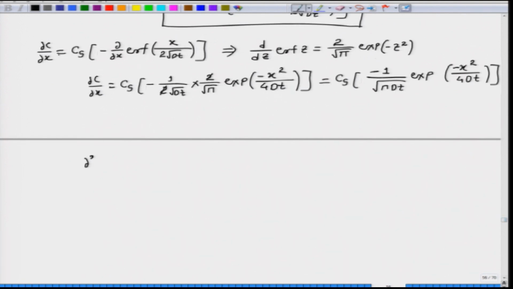Now, let us look at the curvature, which is the second derivative.